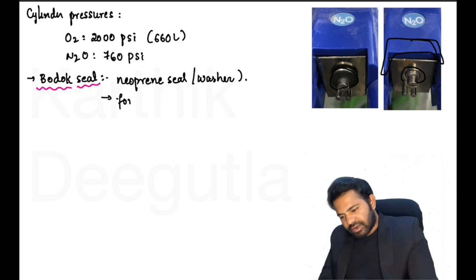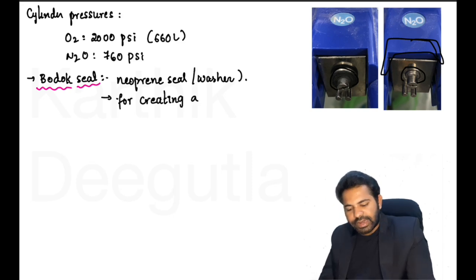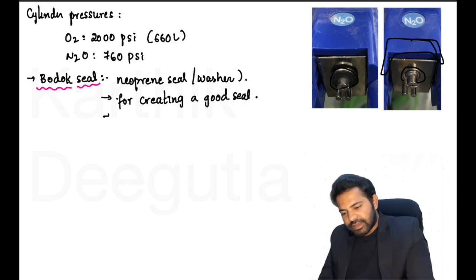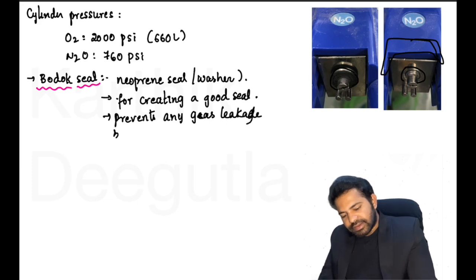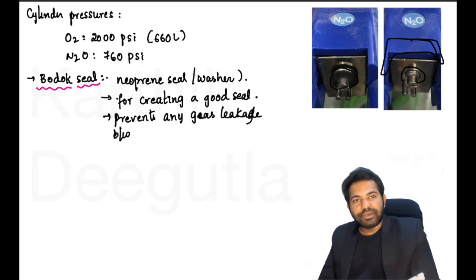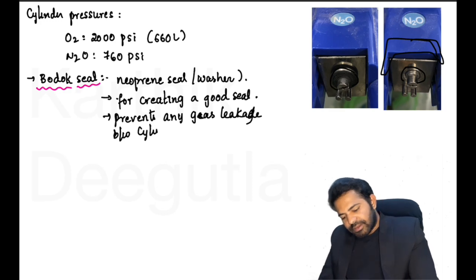It is used for creating a good seal, and it prevents any gas leakage. Gas leakage between what? Between the cylinder and the machine.